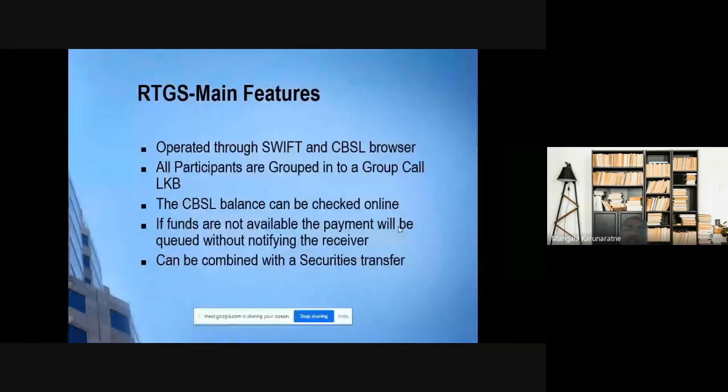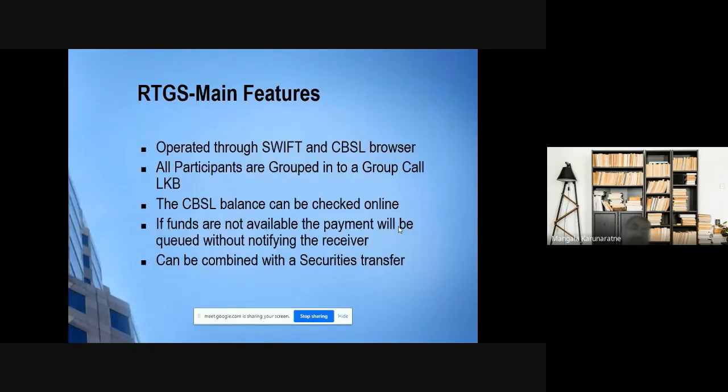I mentioned this earlier: if funds are not available, the payments will be queued without notifying the receiver. Now we'll discuss the last point as well. This can be combined with the securities transfer as well. RTGS can be combined in the sense that it's a separate message type, right?